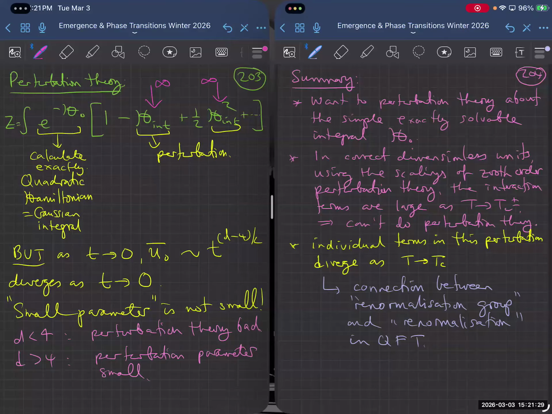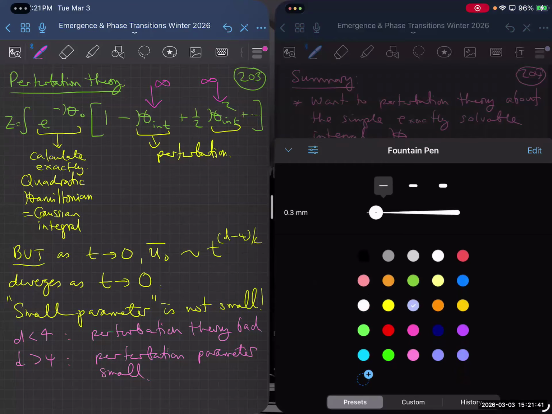Technically, the problem that we're having at phase transitions is the same mathematical problem that we have in quantum field theory. Okay. Now I want to make an additional comment.